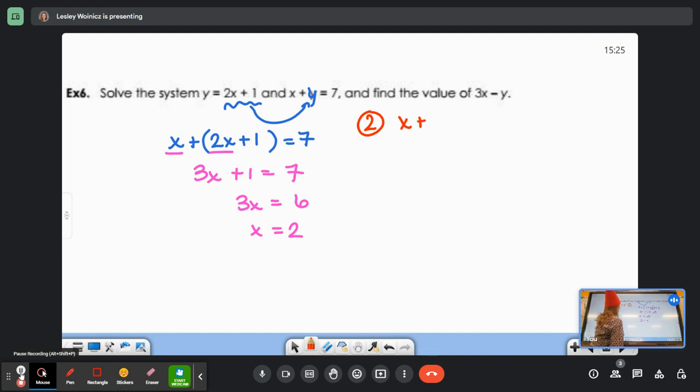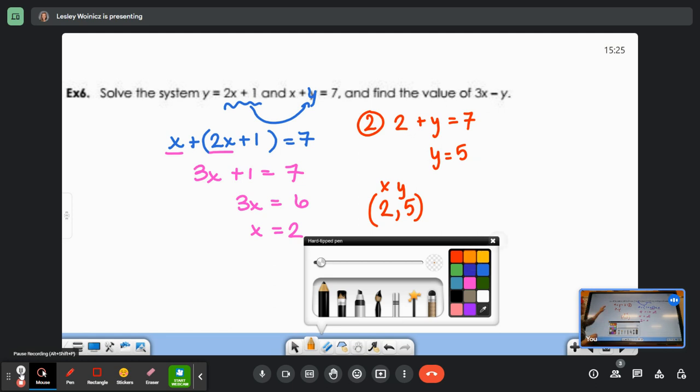X plus y has to equal 7. And we already know what x is. X is 2. Yes! Okay, so 2 plus y is 7, so we subtract away the 2 and we get y is 5. Okay, so we know it's 2, 5. Here's my x, here's my y.